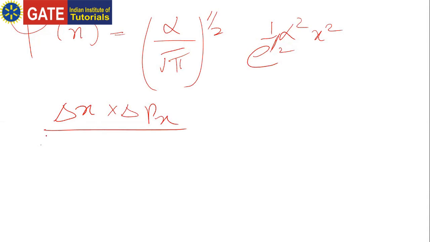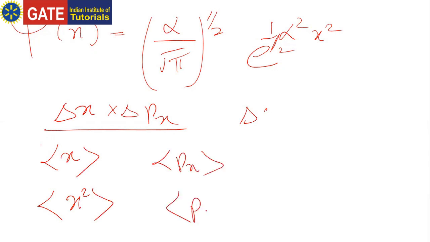For that, first you should find the expectation value of x, expectation value of x square, expectation value of p, expectation value of px square. Then please find, and finally tell me your final answer. Take your time and slowly do the integration. I am ready to wait for you.